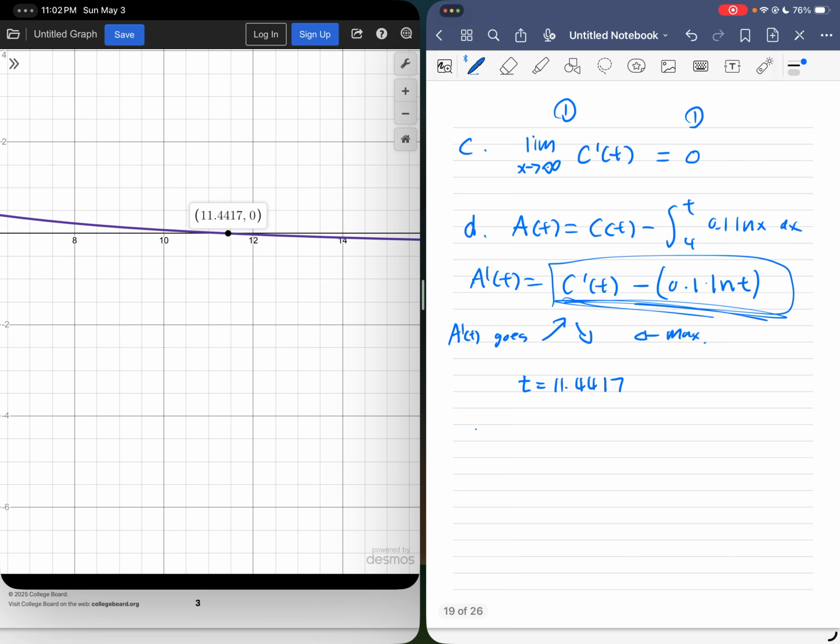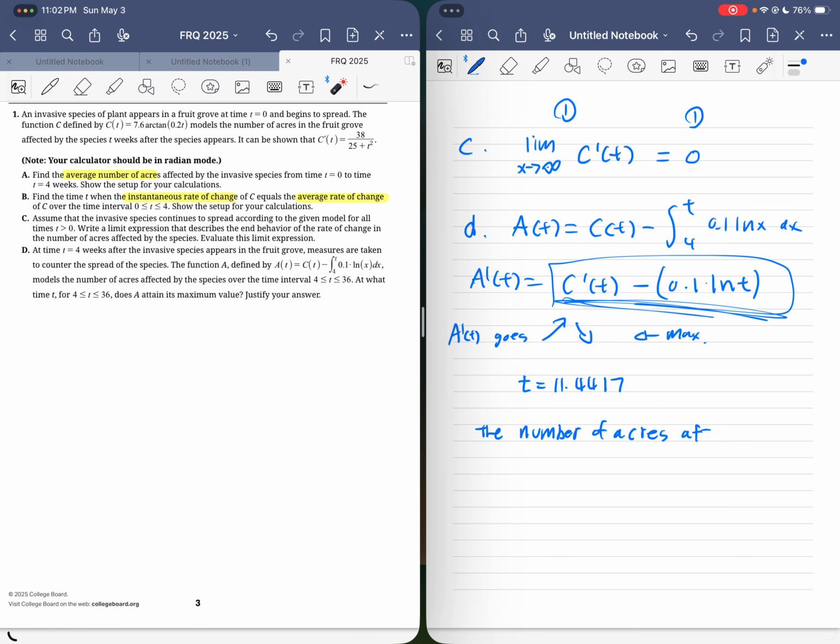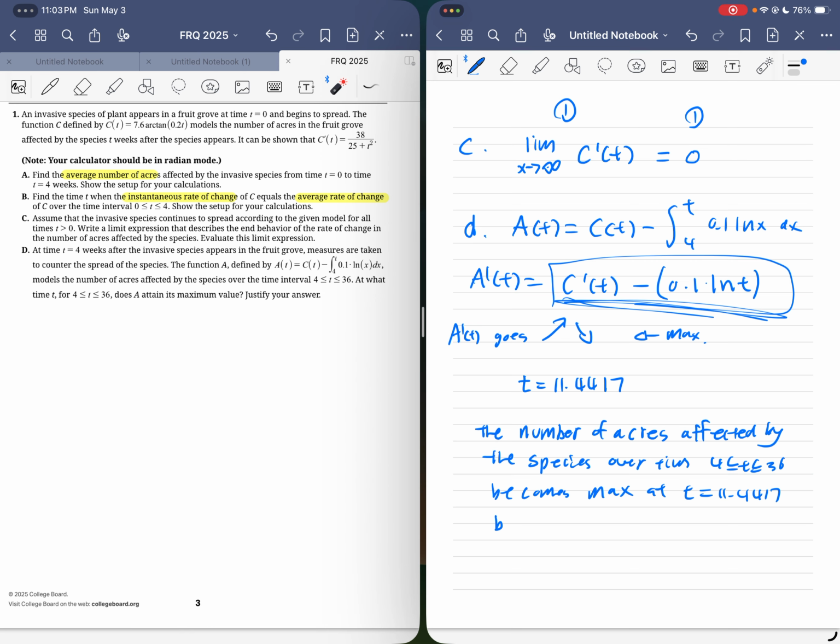So I have to write that the number of acres affected by the species over time becomes max at t equals 11.4417, because A prime of t goes from positive to negative. Always copy this down.